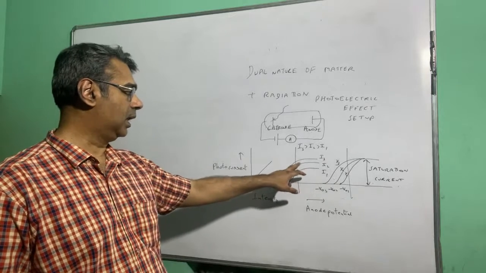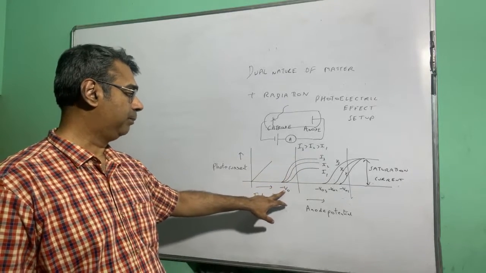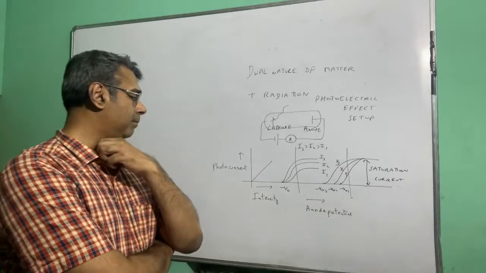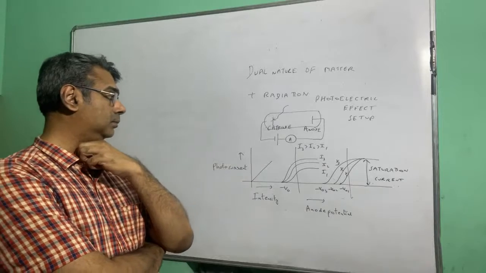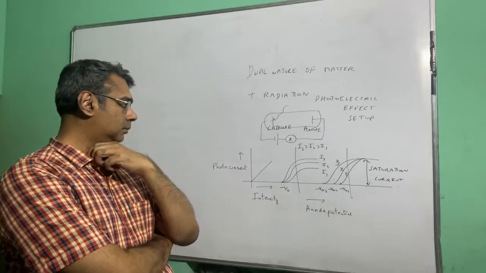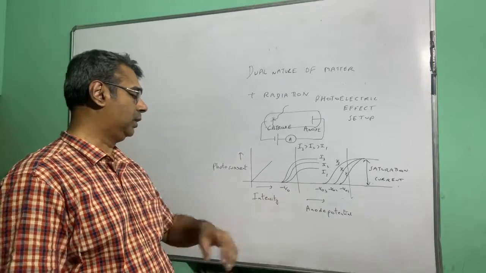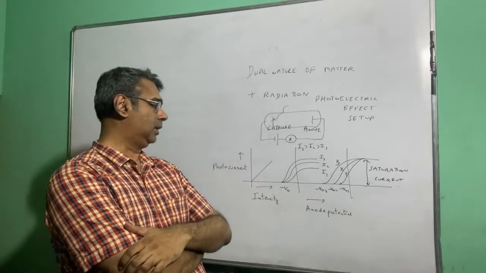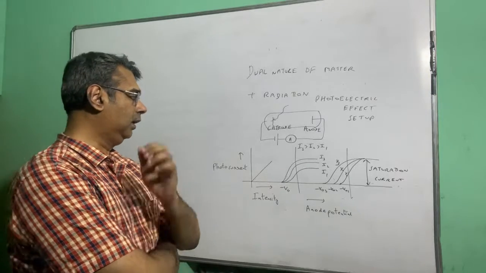You can see the graph is going down, and finally when the potential becomes minus V0, the current becomes 0, right?